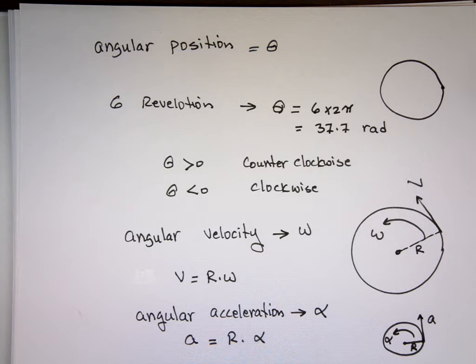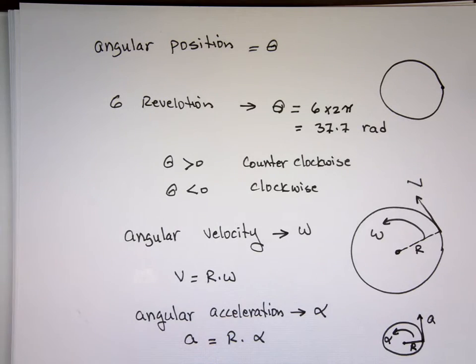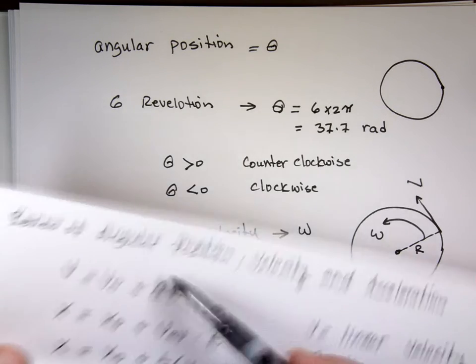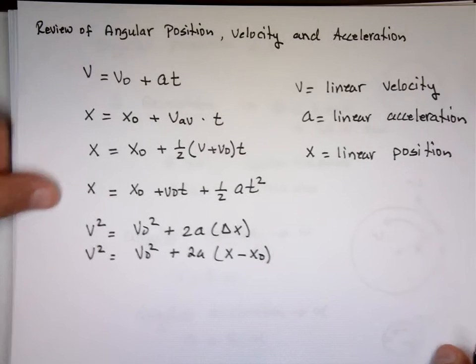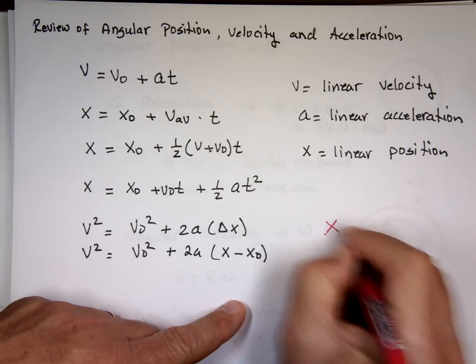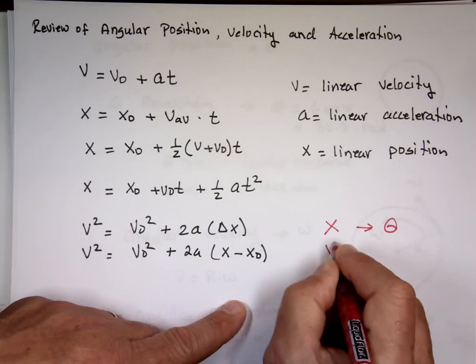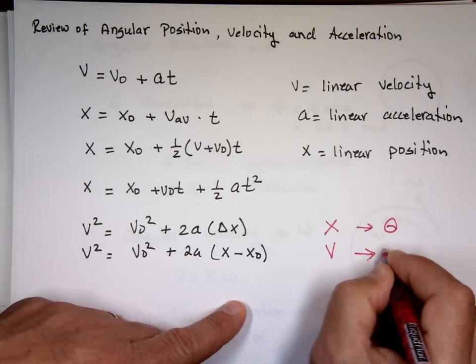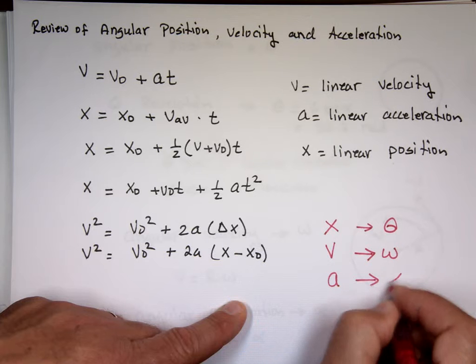So the good news here, when you're dealing with these equations, we can now create 5 more for when things are spinning in a circle. All I have to do is go to these equations, and every time I see x, I'm going to replace it with theta. Every time I see v, I'm going to replace it with w. And every time I see a, I'm going to replace it with alpha.